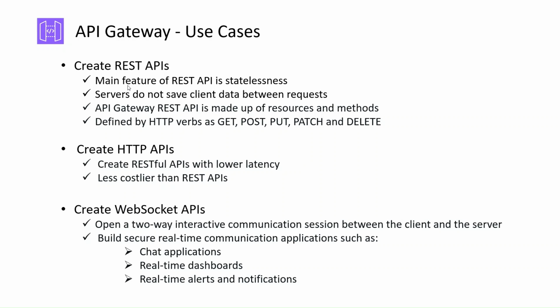We can use API Gateway WebSocket API to build secure real-time communication applications without having to provision or manage any servers to manage connections or large-scale data exchanges. Some of the use cases are to build real-time applications such as chat applications, real-time dashboards, and real-time alerts and notifications.